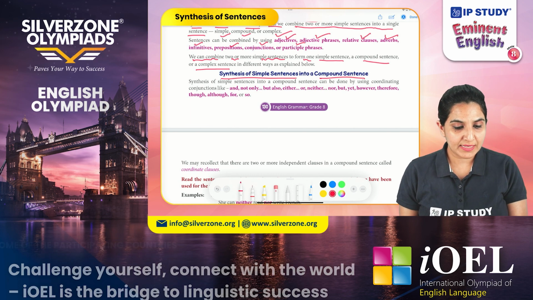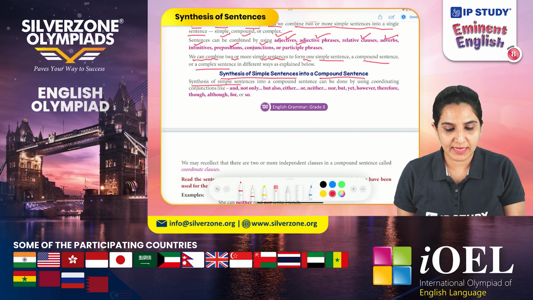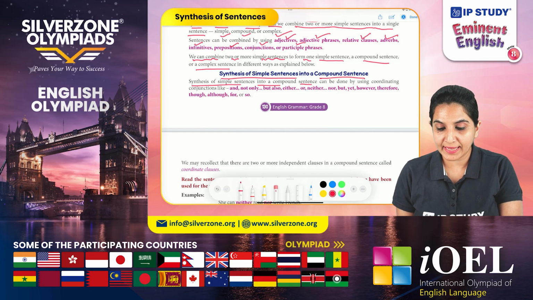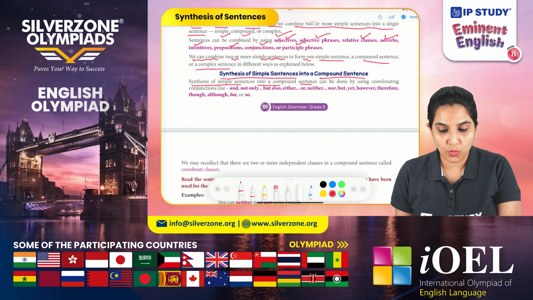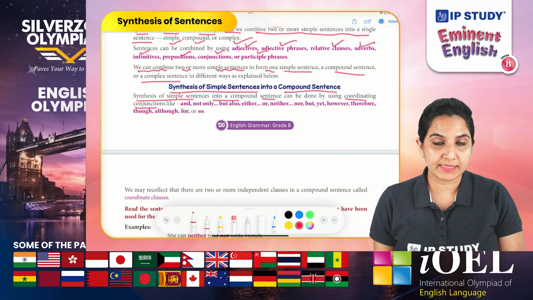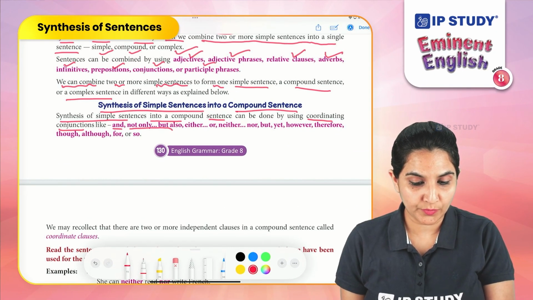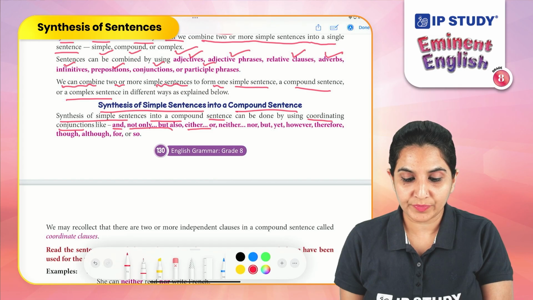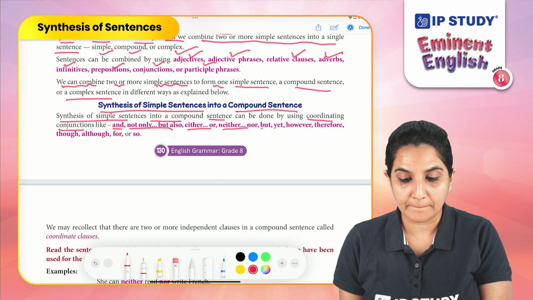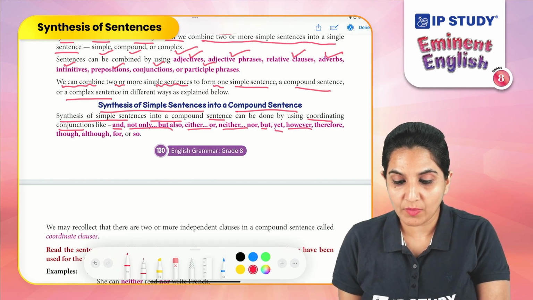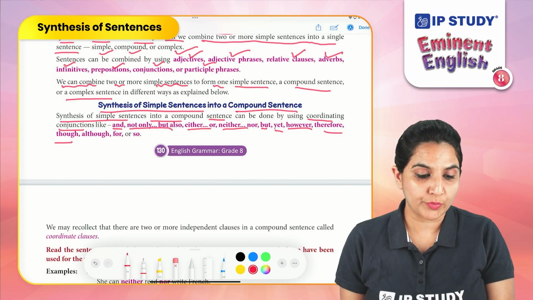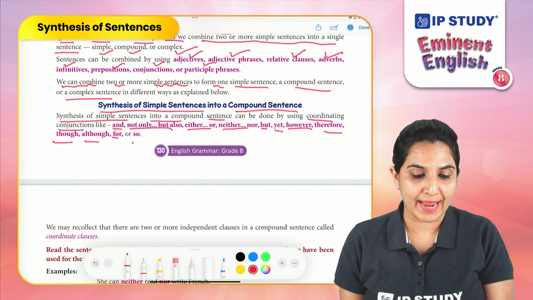Synthesis of simple sentences into a compound sentence can be done by using coordinating conjunctions such as and, not only but also, either or, neither nor, but, yet, however, therefore, though, although, for, and so.